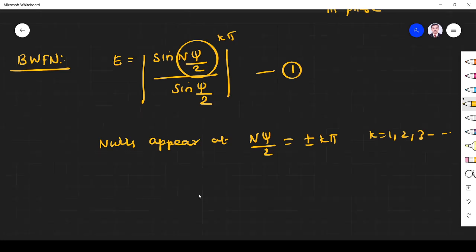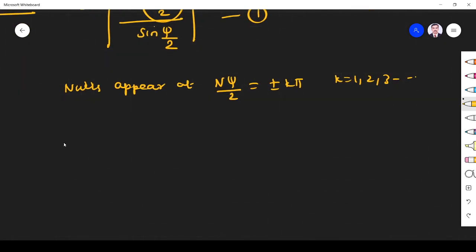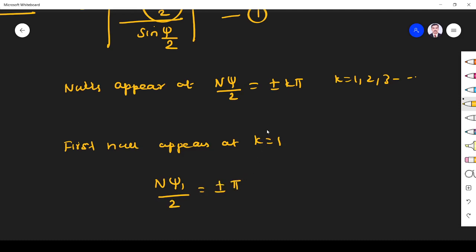So let us assume the first null appears at k equal to 1, for example. So n psi 1 by 2 is equal to plus or minus pi because k is equal to 1.